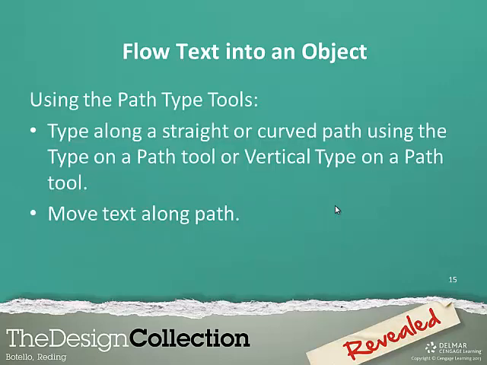Using the path type tools, again, it will pick up with a tutorial to let you flow text into an object starting on page 2-12. You'll complete that section and we'll pick up with lesson 3, which is positioning text on a path on page 2-14. It's lesson 3. You type along a straight or curved path using the type on a path tool or vertical type on a path tool, and then you move text along the path to position it exactly like you want it.